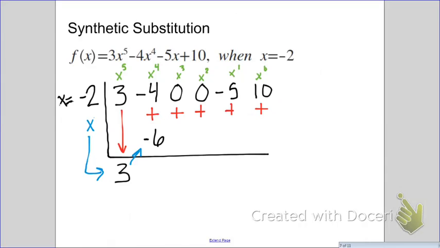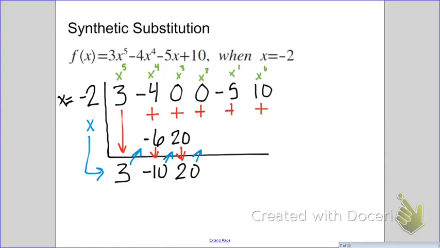Now it's time to add straight down. -4 plus -6 is -10. Now we multiply by -2 again. -2 times -10 is +20. Now we add down. 0 plus 20 is still 20.